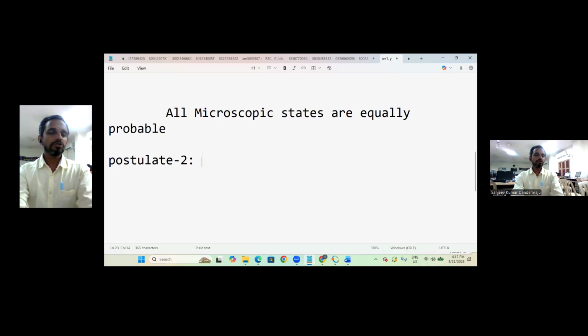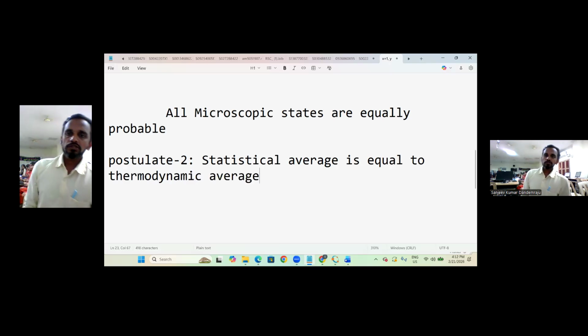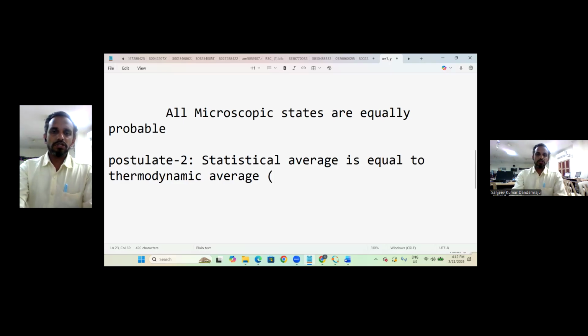Postulate 2: statistical average is equal to thermodynamic average or the experimental average.